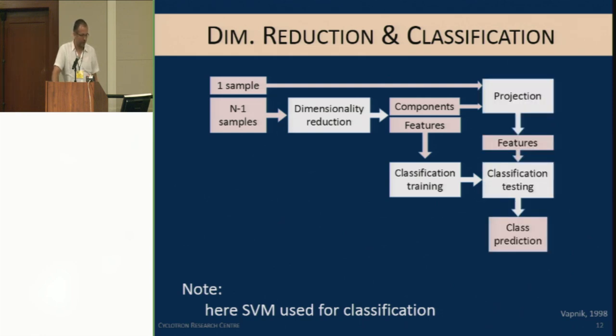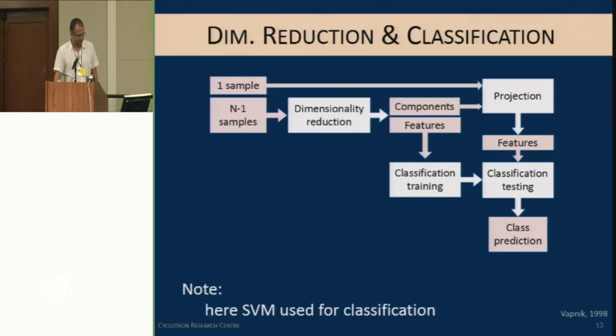And then once we've done the estimations of the decomposition and the classification, we can take the left-out sample, project it, extract its features, and apply the classification so we get the class prediction. So it's pretty much the standard approach. The only thing that we've included here is this dimensionality reduction in between the data and the training of the machine.